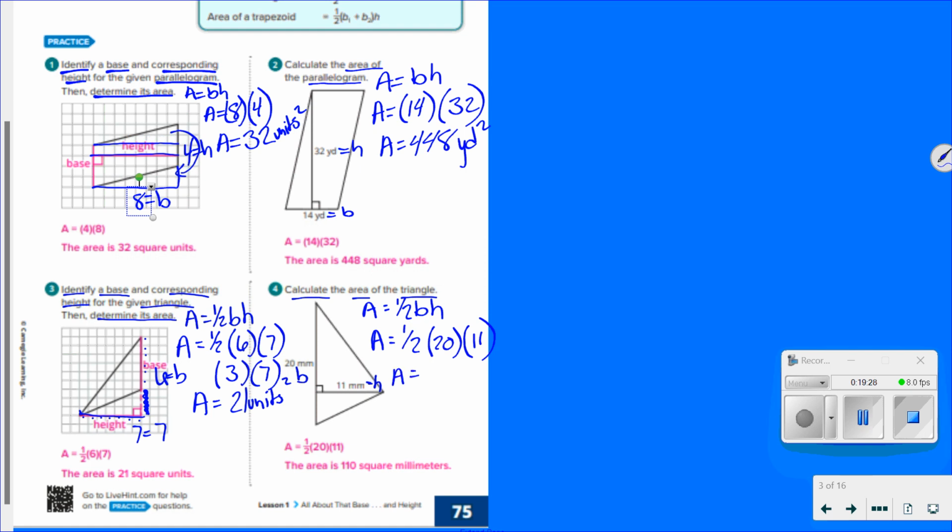So area equals 10 times 11. What's 10 times 11? 110 millimeters squared. Does everybody have this down before we turn the page? All right, flip your page.